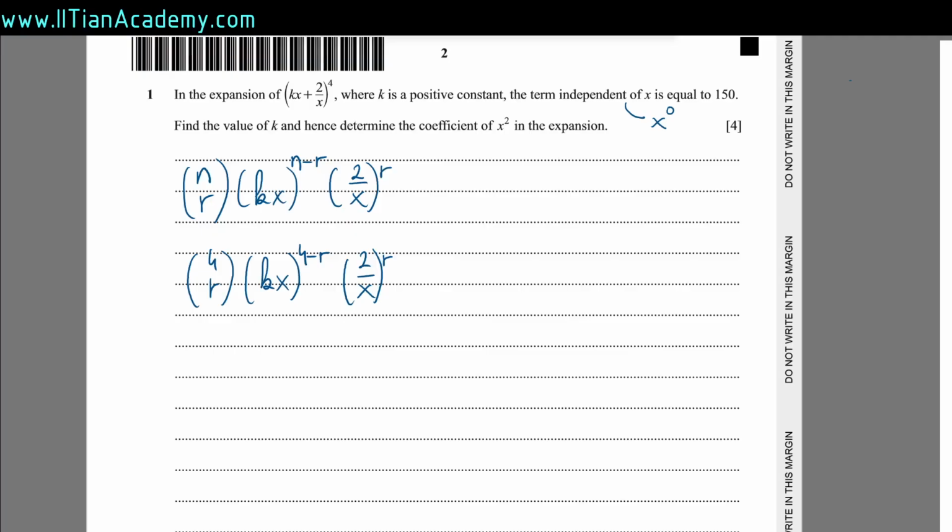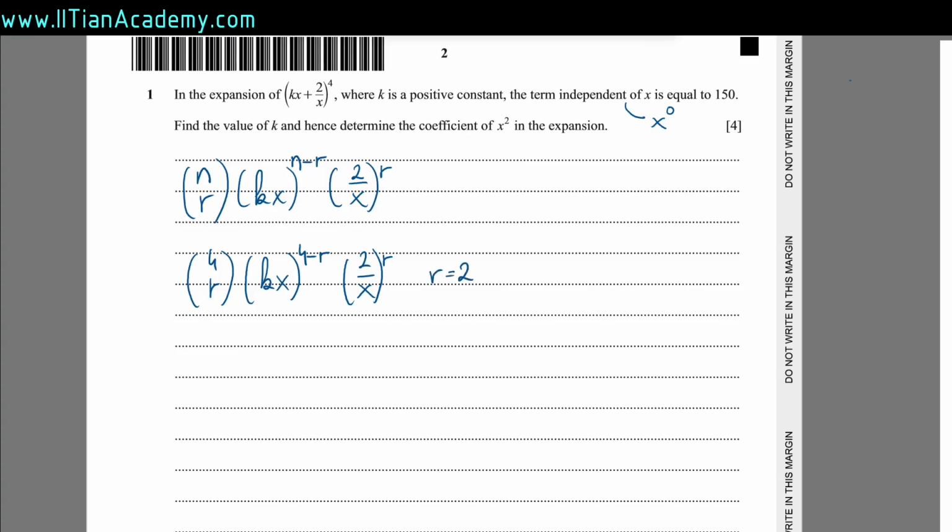Here we have an x to the power of 4, and here we have an x to the power of r. So if r is equal to 2, we will have x squared on the left and 1 over x squared on the right. When we multiply them, the x's will cancel out, so we will have a term without x, x to the power of 0. So r is equal to 2.